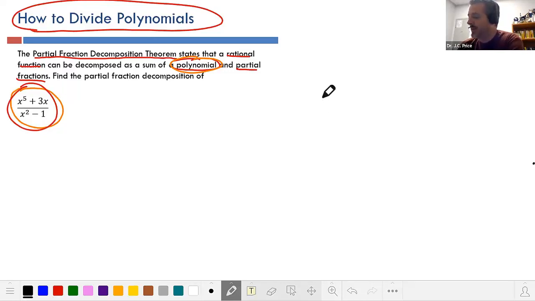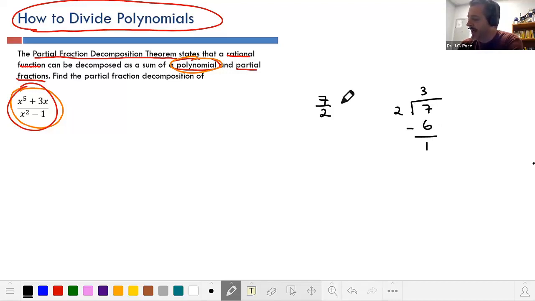I usually try to take something simple, like 7 divided by 2. How do you divide 2 into 7? There's actually a couple of ways to do this. The way you may be most familiar with is long division. You put 7 on the inside, you put 2 on the outside. We say 2 goes into 7 3 times, and 3 times 2 is 6, and then we subtract, and we get a remainder of 1.